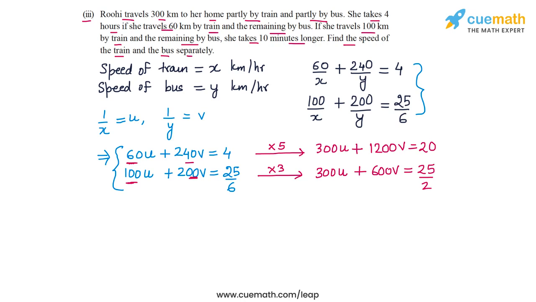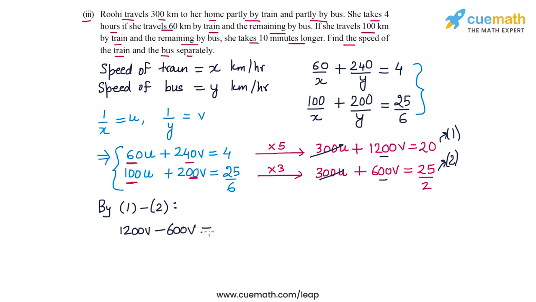So these are the two equations that we get, and now all we need to do is to subtract them. Let's call this equation 1 and let's call this equation 2. So I can do 1 minus 2. It will cancel the 300u terms, and on the LHS I will have 1200v minus 600v.